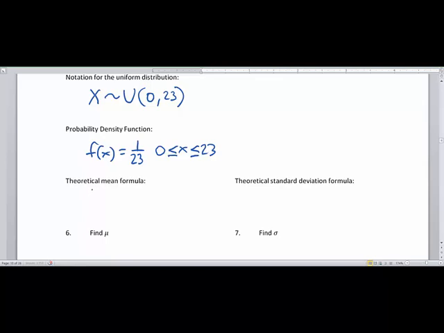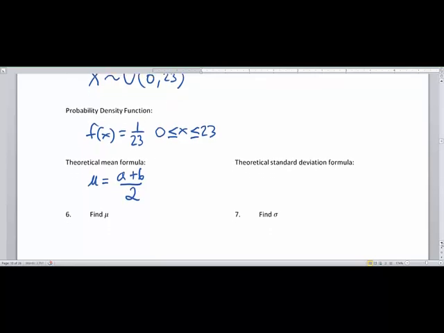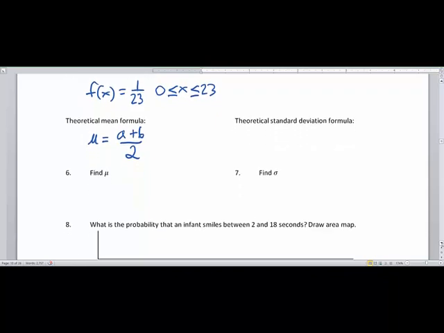The theoretical mean formula is going to be given to you here, and I would suggest you have this out when you do your homework. The theoretical mean formula is mu is equal to a plus b divided by 2. So if you take your minimum and maximum and add them up, divide by 2, you can find your average.